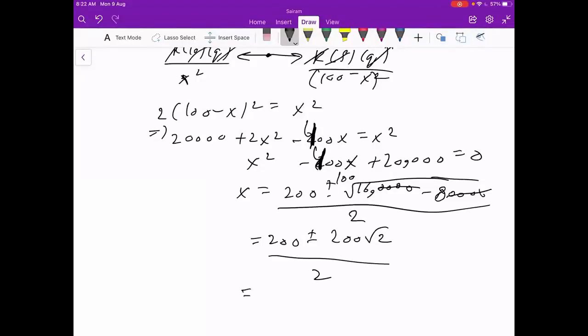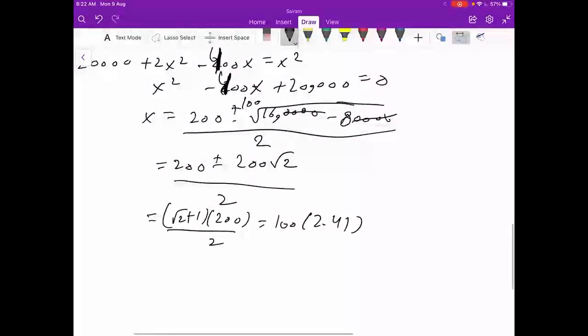Let's take the positive one, not the negative one. It's not acceptable to have negative distance. So it will become root 2 plus 1 into 200 by 2, so that will be 100 into 2.41, which will be 241 centimeters.